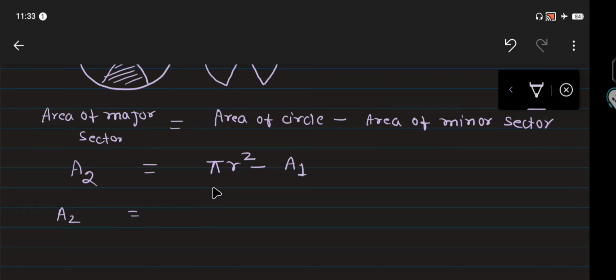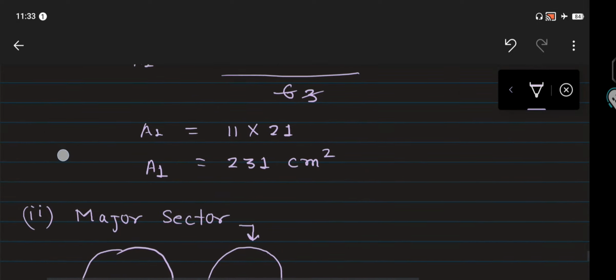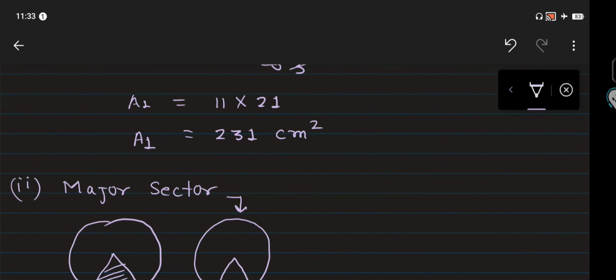Again, we'll put the value of pi as 22/7 because the radius is 21 and I can cut down the denominator 7 with the radius 21 centimeter. It was 231 centimeter.